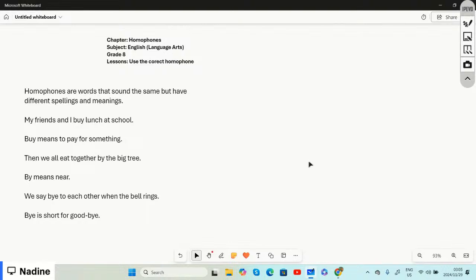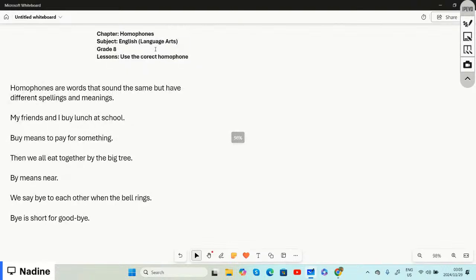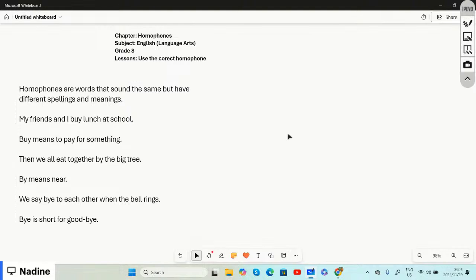And the lesson that we are going to be focusing on under the chapter of homophones is to use the correct homophone.